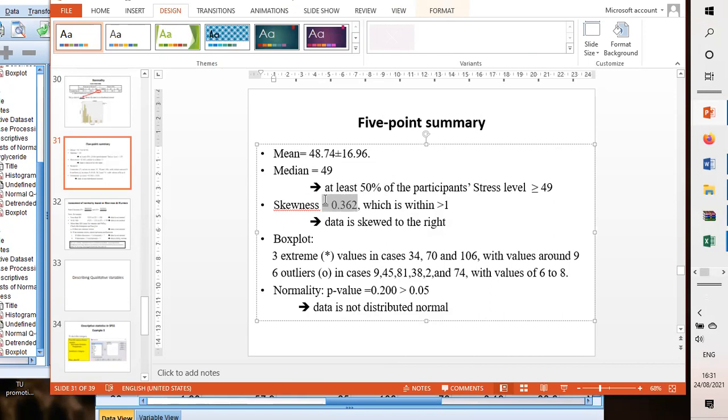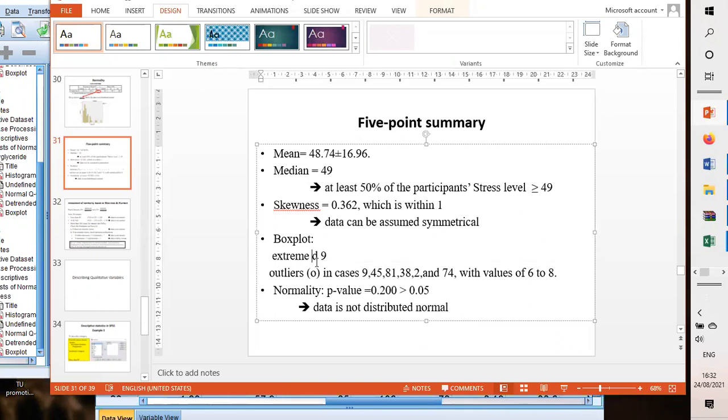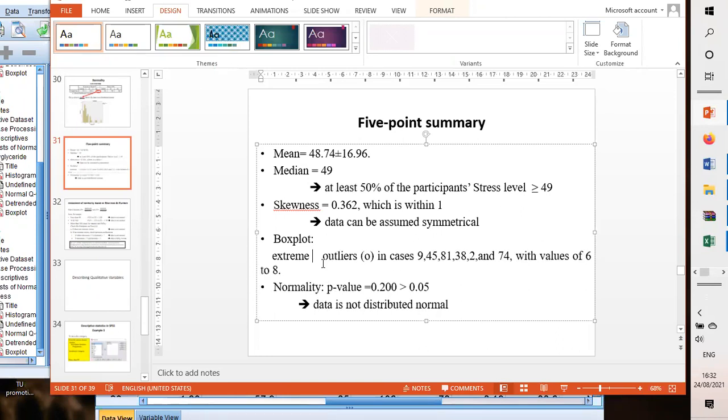Skewness is within plus or minus 1. Therefore, data can be assumed symmetrical, normal. Box plot: no extreme values and no outliers.